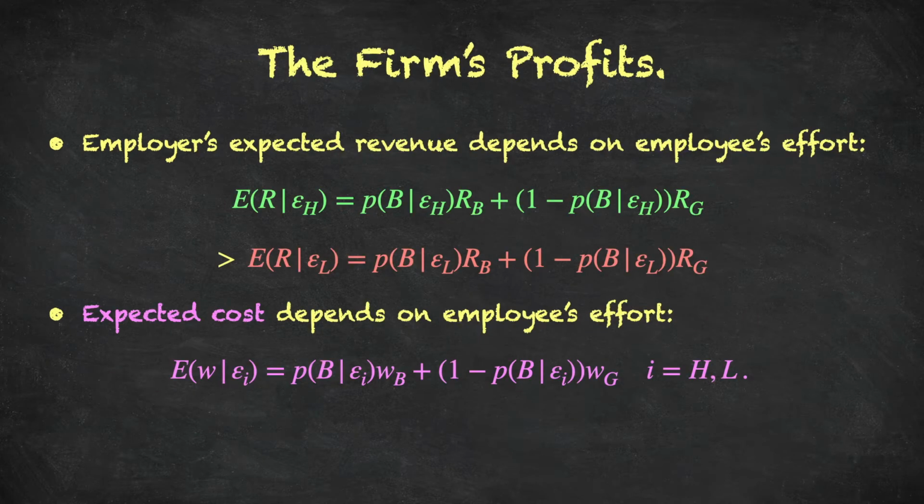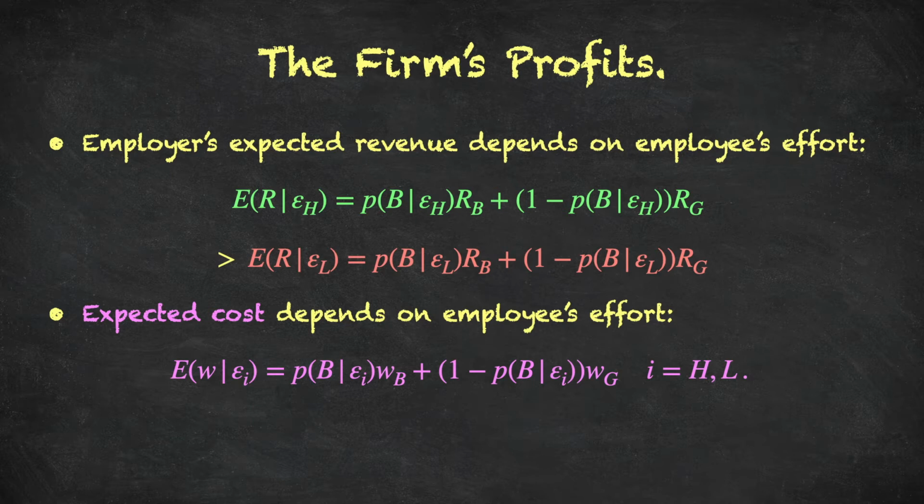So let's consider the profit that the employer makes in this model. Well, the employer's expected revenue is going to be determined by the level of effort that an employee exerts. So expected revenue would be the probability of bad revenue multiplied by the level of bad revenue plus the probability of good revenue multiplied by the level of good revenue.